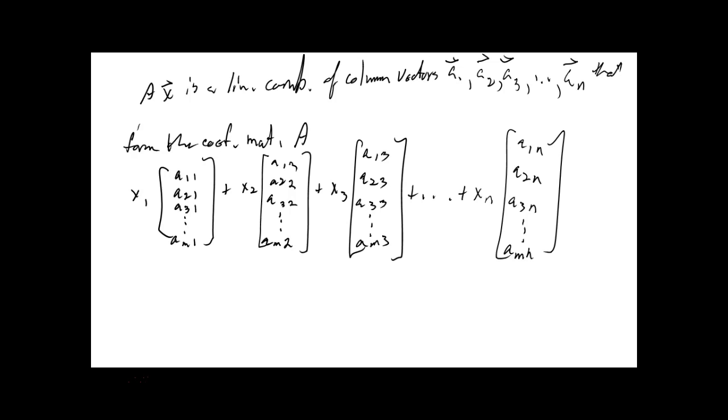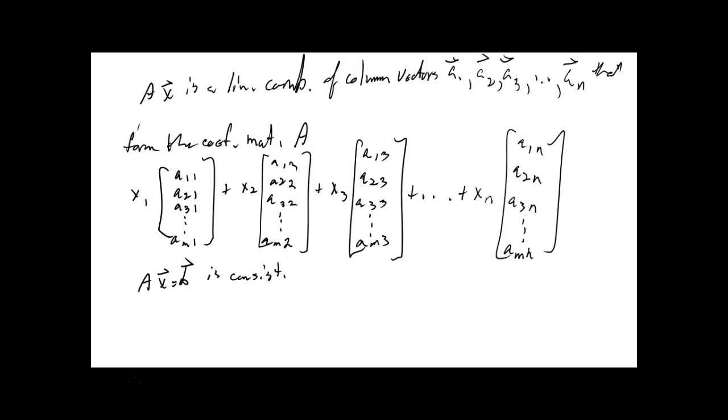Now, furthermore, that system, AX equals B, is consistent. That means it has a solution.